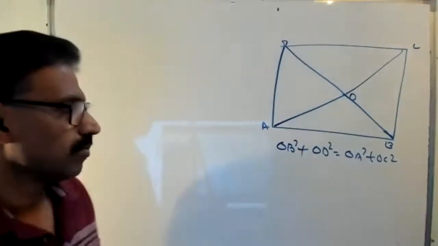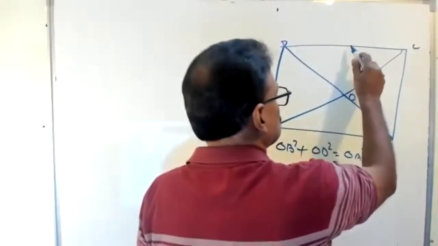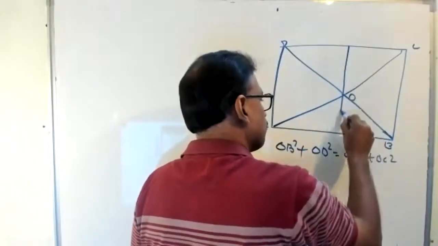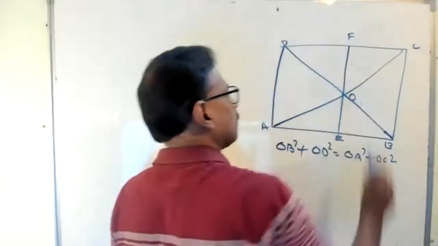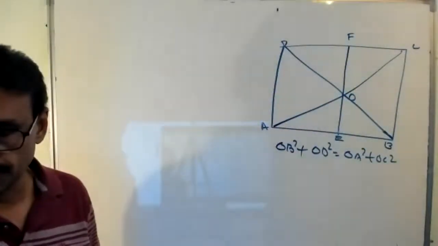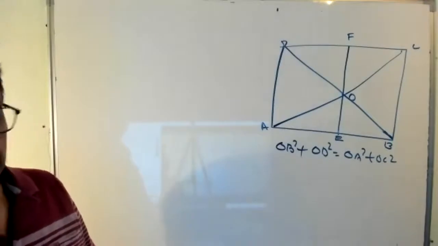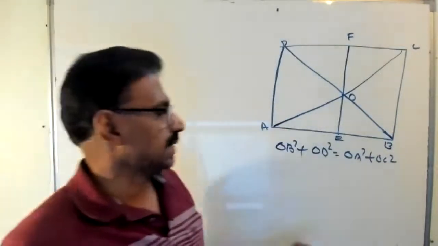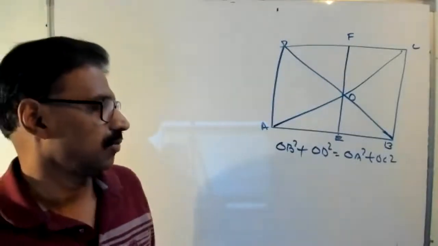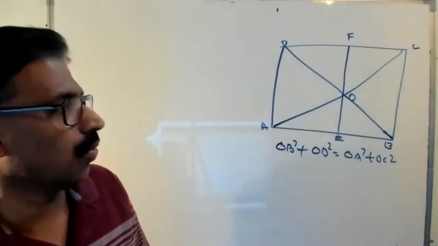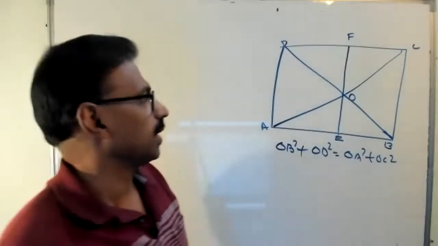So listen, there is a construction. Through O, draw perpendicular EF. Listen, to get OB and OA, we need a construction. You can write first construction: through O, draw EF perpendicular to AB.